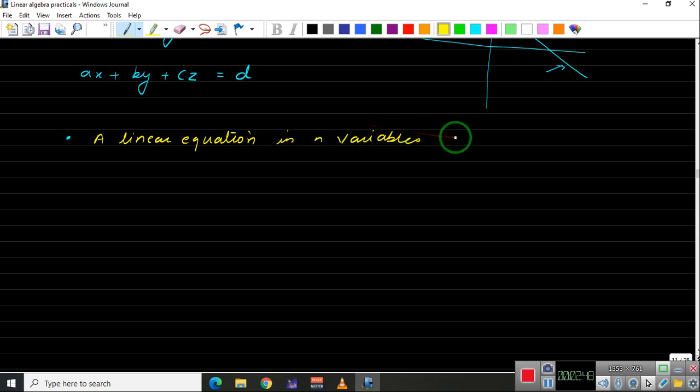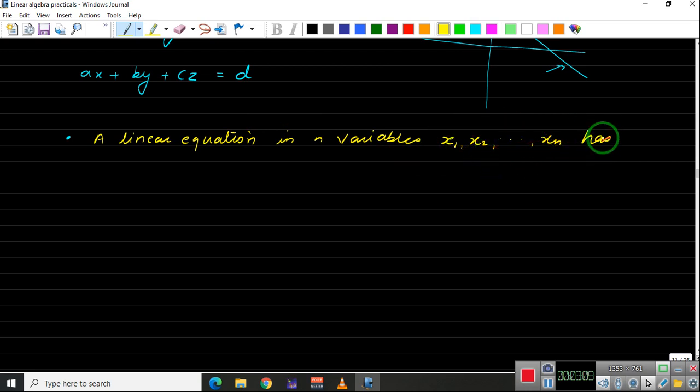Let us write those variables as n variables. We cannot use all alphabets; suppose we have 30 variables, in that case we cannot write a, b, c, d and so on. So let us write x1, x2 up to xn. So n can be anything, n can be 1000, but still we have these variables.